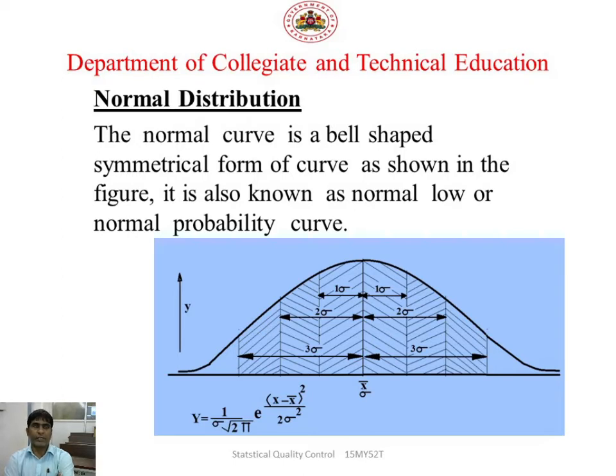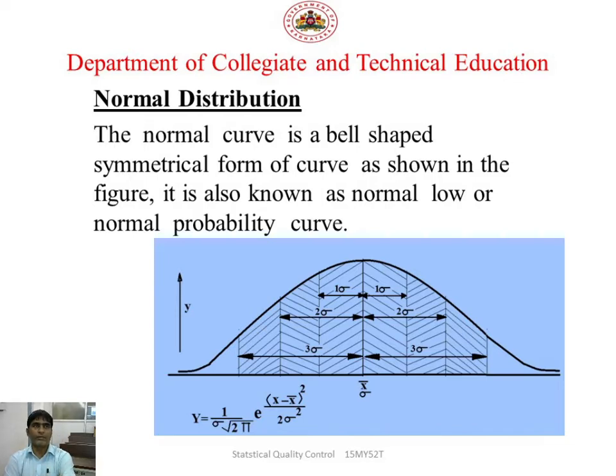On the figure you can see the shape is a bell shape and it is completely defined by the mean and standard deviation. On the screen I have written x bar and sigma, which indicate the mean and standard deviation.